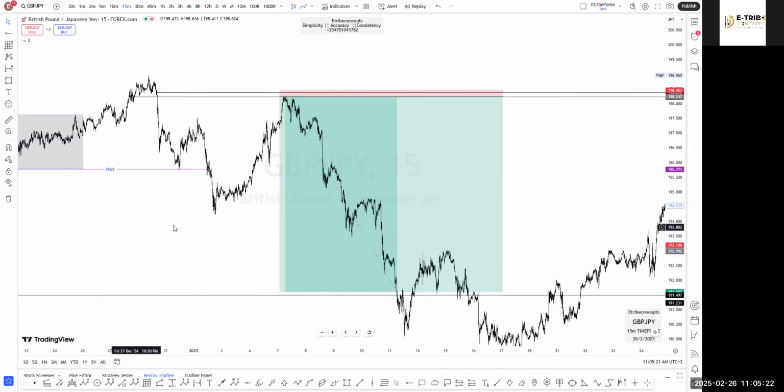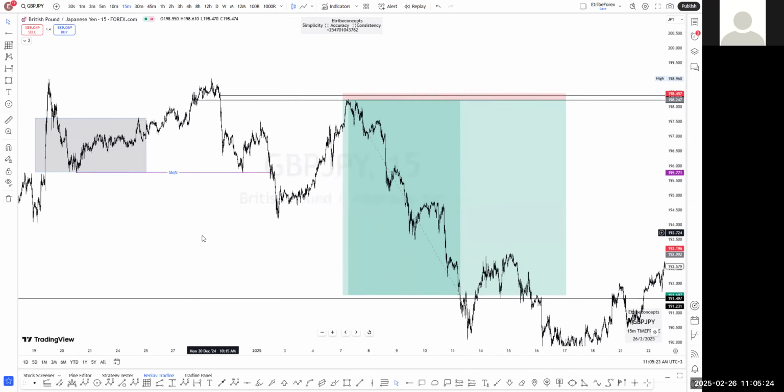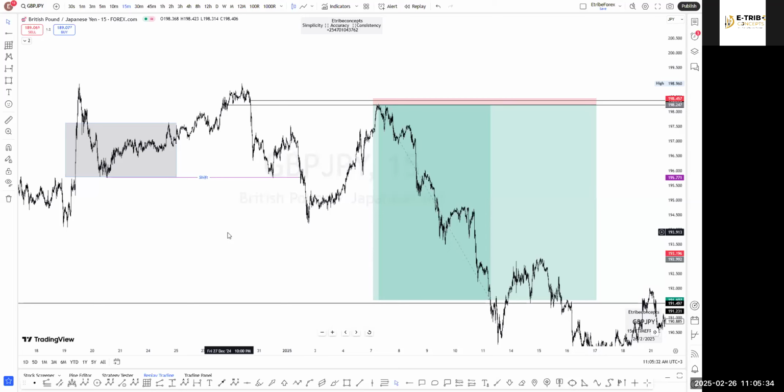Okay. So after the shift, normally ukisema shifts imefanyika, I think shift is the same as change of character, the breach of the structure. So normally utatake trade kwa hii flip zone ya kwanza hapa, hautaitekia hapa juu, unaona?